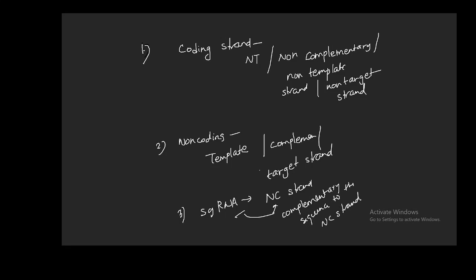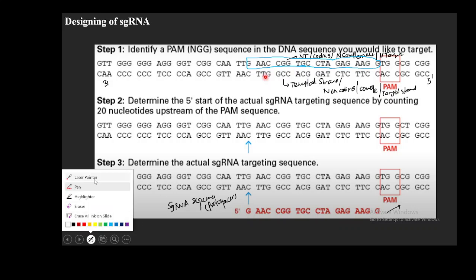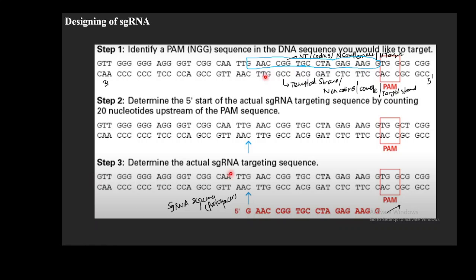So these are the points which you need to remember. So here you can see this is the non-coding strand, and your protospacer or your sgRNA should have the complementary sequence to this non-coding strand, and therefore we are having this particular sequence because this G will bind to this sequence and like this. So this is your sgRNA sequence.